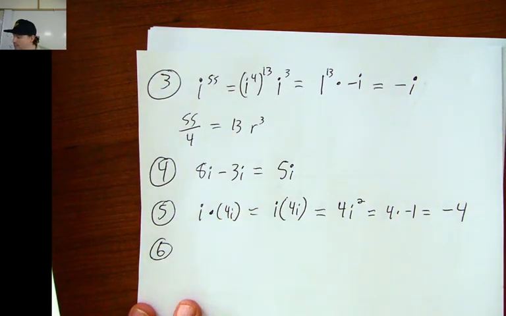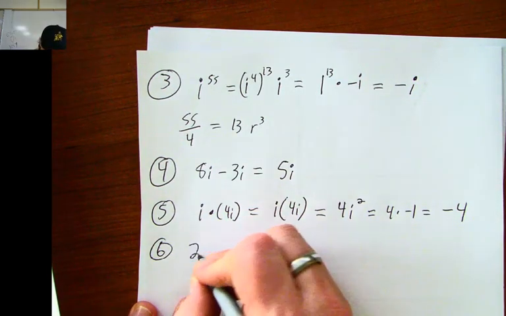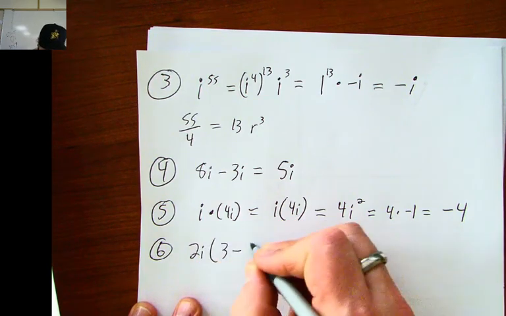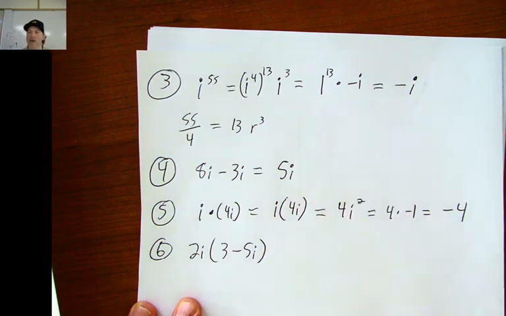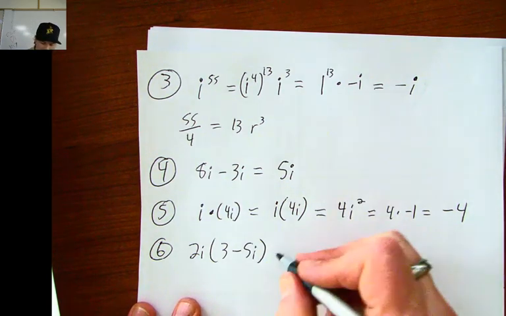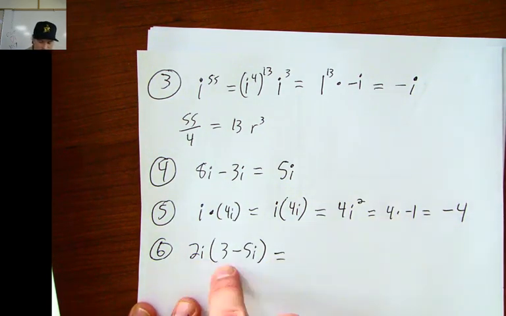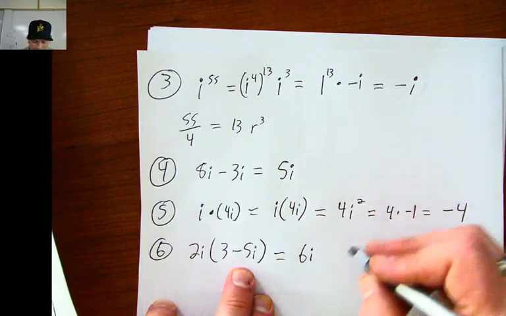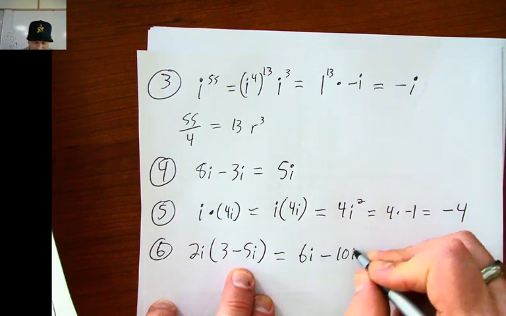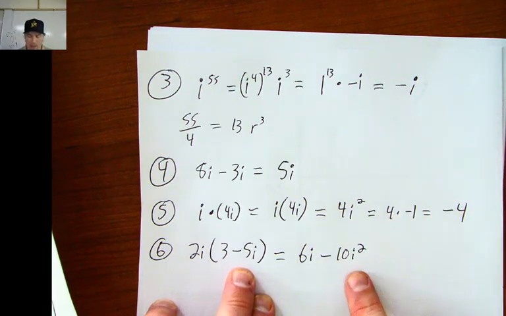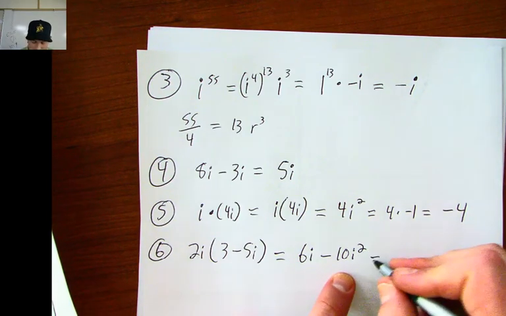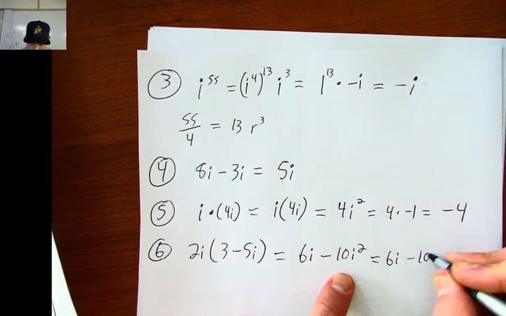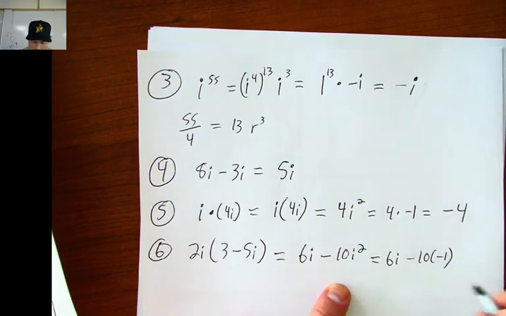Example 6. Let's say I had 2i times 3 minus 5i. This is a distribution problem, so let's distribute. 2i times 3 is 6i. 2i times negative 5i is negative 10i squared. i squared becomes negative 1, so 6i minus 10 times negative 1.